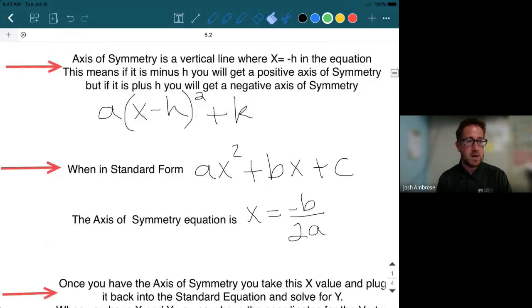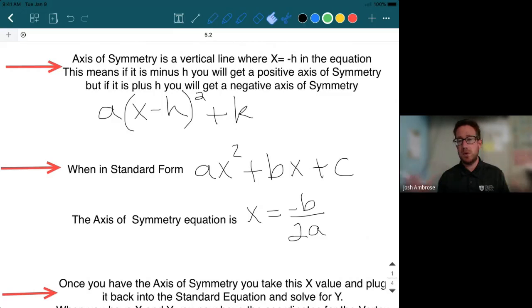Let's move on. So we're talking about the axis of symmetry. You're going to see that terminology, and you're going to remember this is the vertex form of a quadratic equation. So the axis of symmetry is basically a perfect vertical line that goes directly in the middle of the parabola that is made by a quadratic equation.